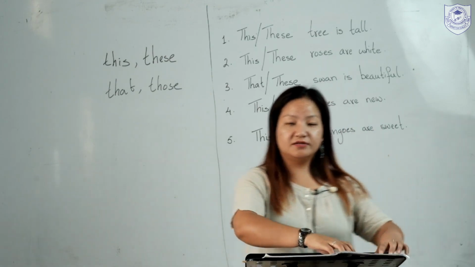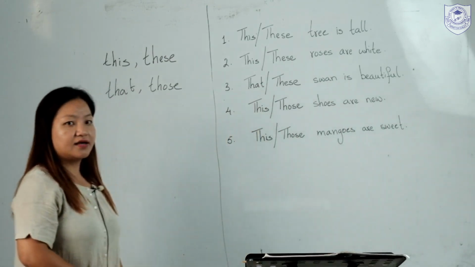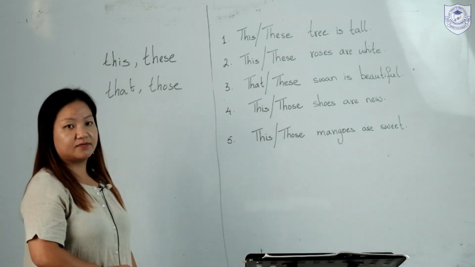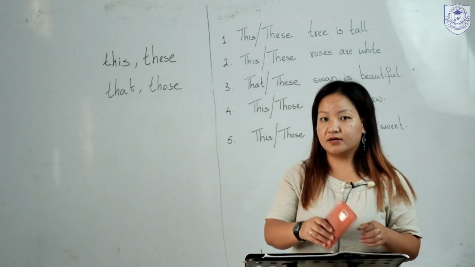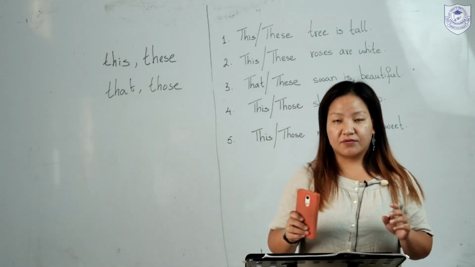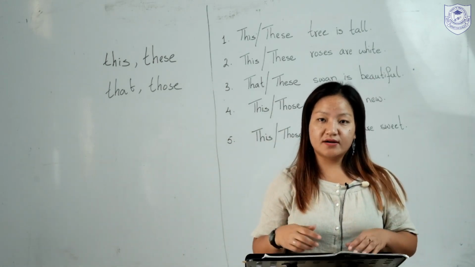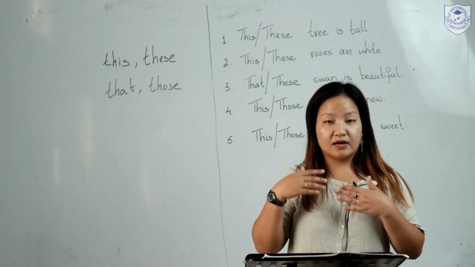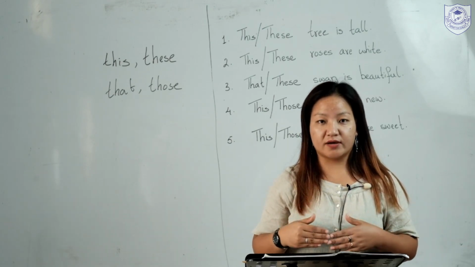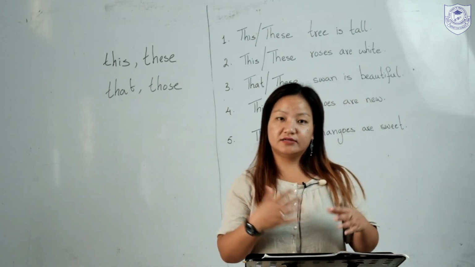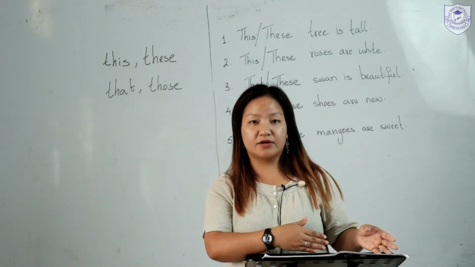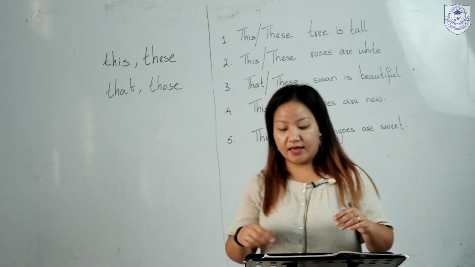But if I'm a little bit far away from it, then I say that phone. Do you understand? So here, this we use when we are near the object that we are talking about, okay? And that we use when we are a little bit far away from the object that we talk about, all right?